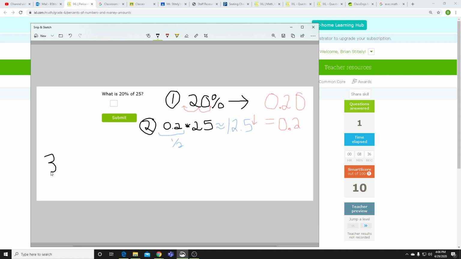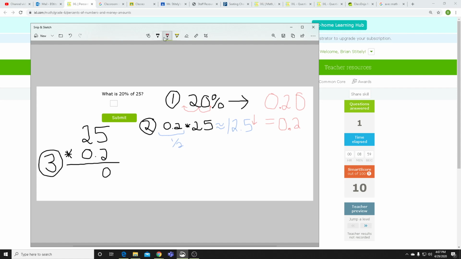So step 3, you actually go ahead. Now we need to multiply 0.2 times 25. Okay, remember first step, ignore the decimals and you just multiply like normal. 5 times 2 is 10.